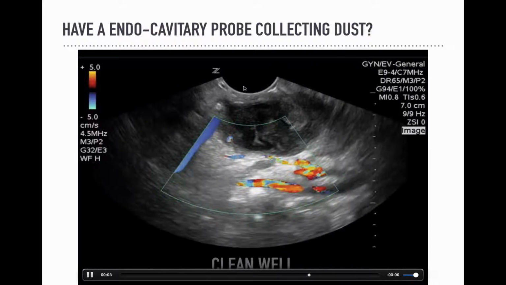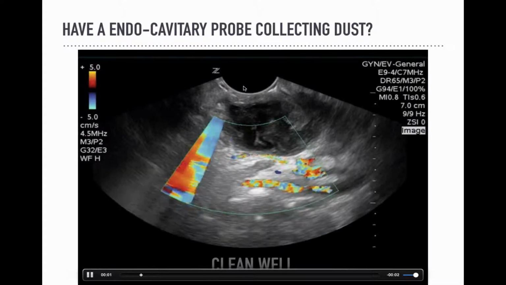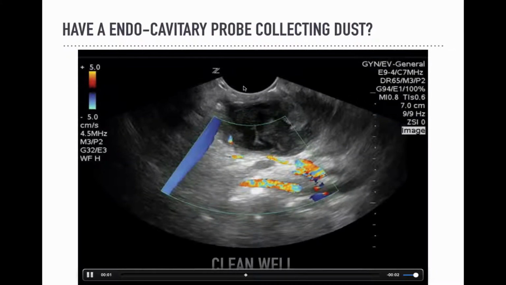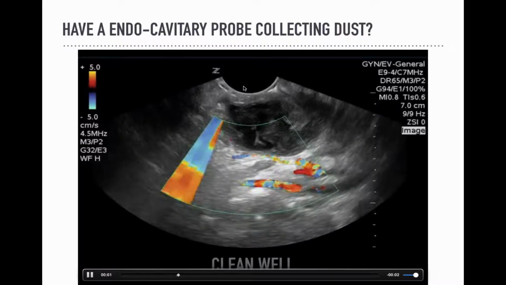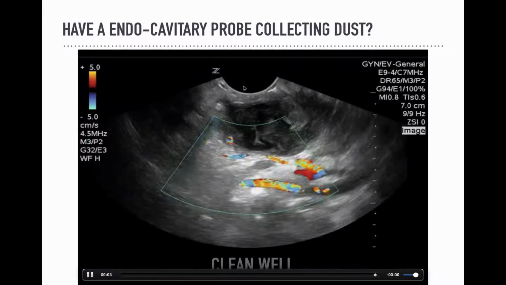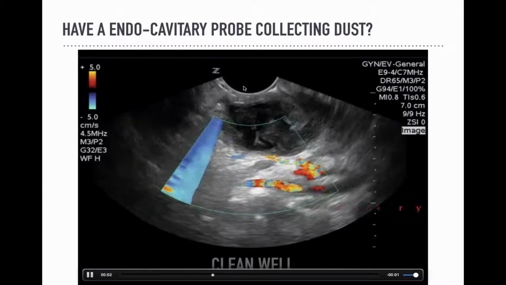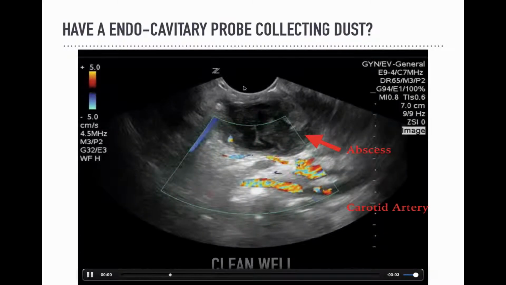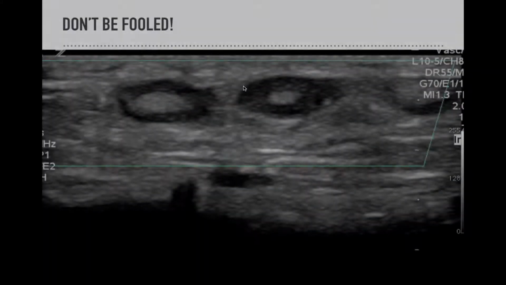And those things that have flow right behind it are the vessels, the carotid arteries back there. So you can see where the carotid artery is. You can see that there's an abscess, not just cellulitis. You can even use this during your IND or needle drainage if you desire. There's your abscess, there's your carotid artery.